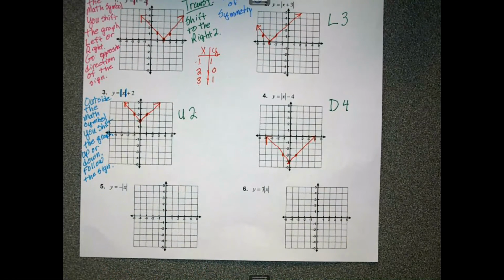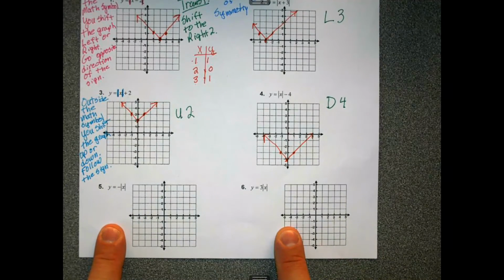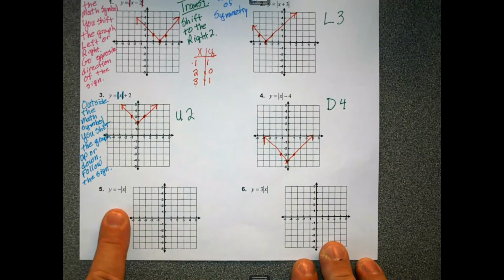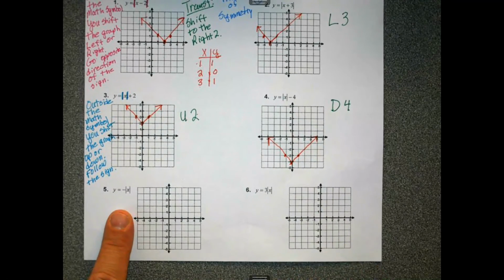All right. These get a little more complicated. These last 2 transformations. So we're going to have 4 transformations total. The negative sign outside the math symbol. Okay.